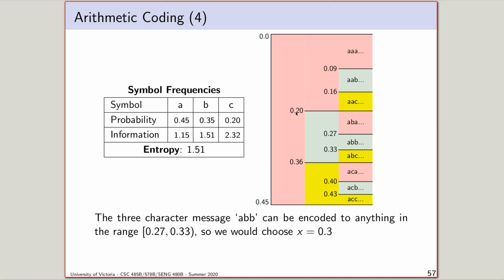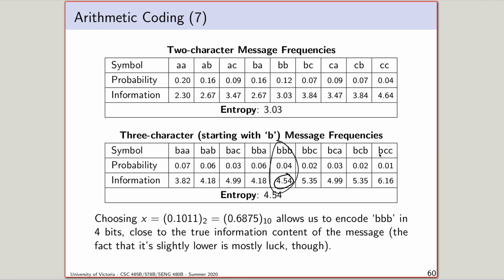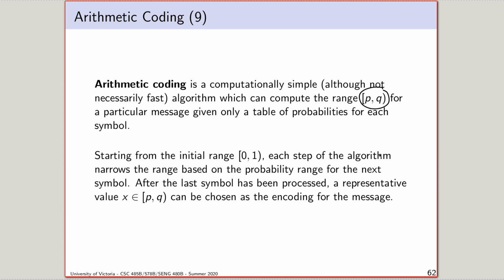At the next step, I see the character B, and I know that B goes to the middle 35% of my window. So my window narrows in further to the window 0.2 to 0.36. My third character is also B, so my window narrows further, and then it stops if the message is over. So all arithmetic coding does is that, and it starts at the initial range 0, 1. So when you have 0 characters encoded, the probability window is everything available, 0 to 1.